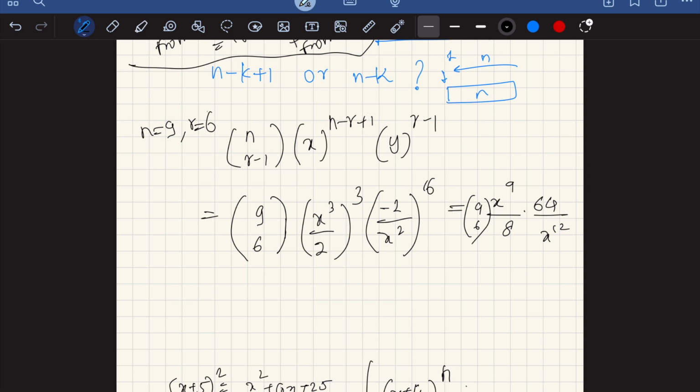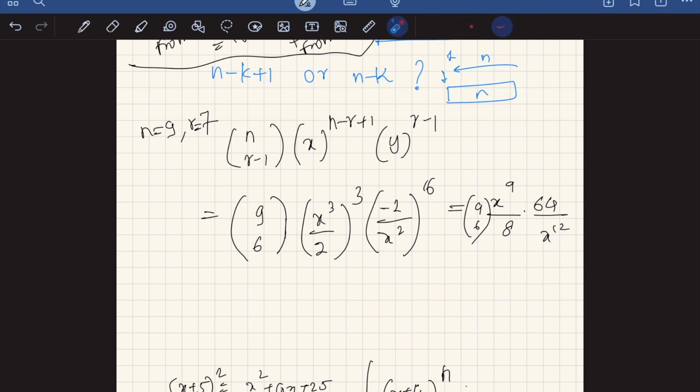Okay, so what we are essentially doing is we are looking at n choose r minus 1, x to the n minus r plus 1, y to the r minus 1, with n as 9 and r as 7.